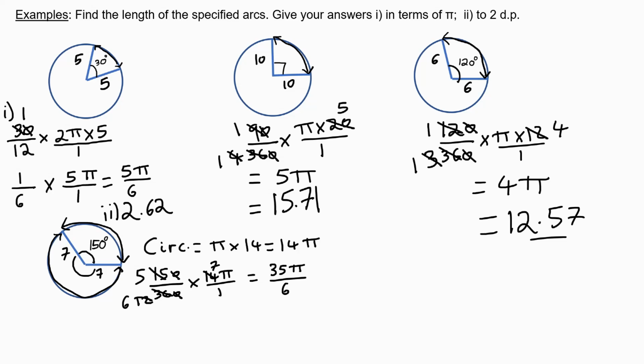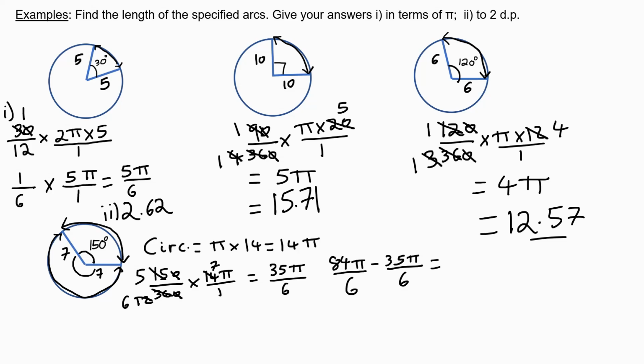And then to work out the length of the major arc, I can just look at the difference. So I could do 14 pi, take away 35 pi over 6, and I can get a common denominator of 6. So if I multiply top and bottom of this first one by 6, 6 times 14 is 84.